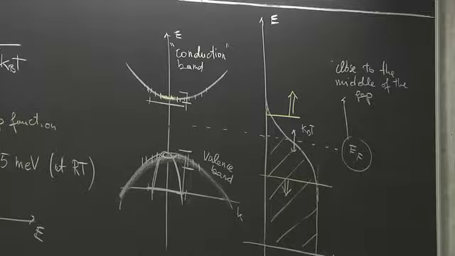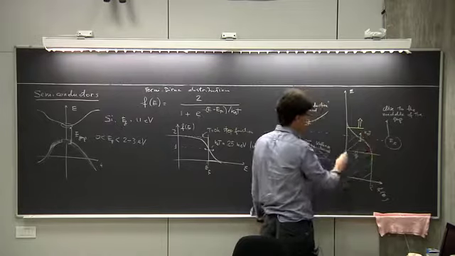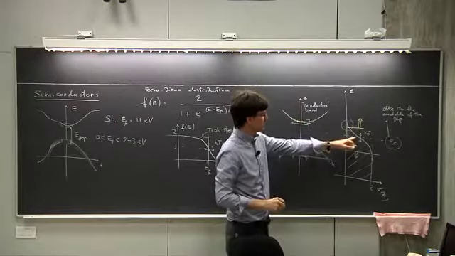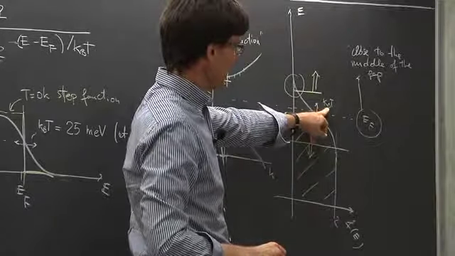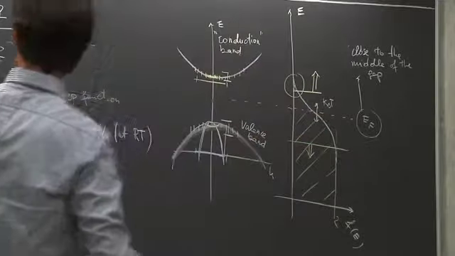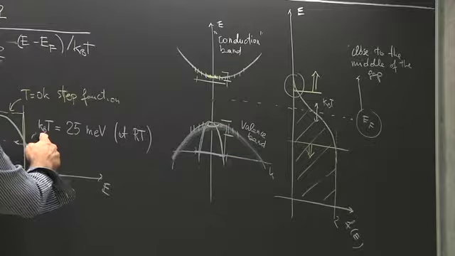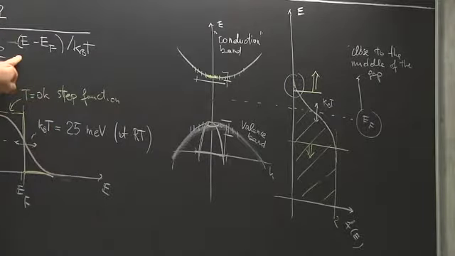Now, we can also count how many electrons we have and how many missing electrons we have on the other side. Because if I am very far from EF in units of KBT, this function is actually an exponential.